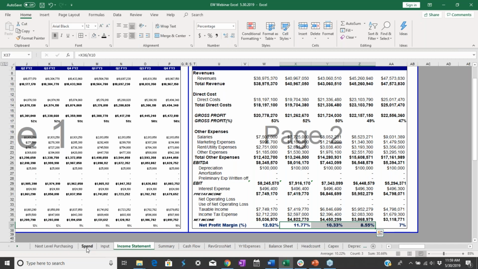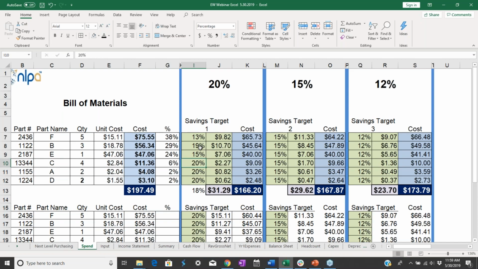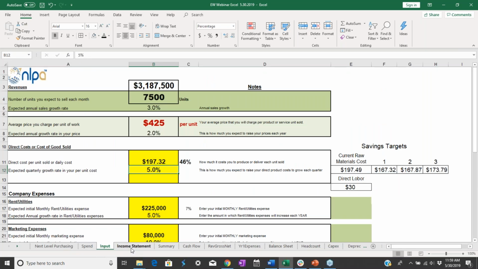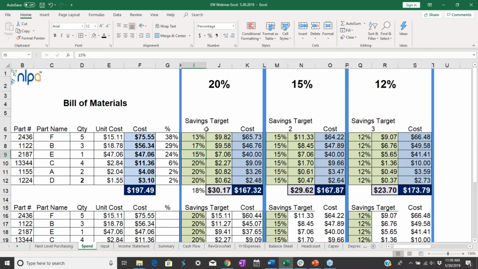Let's bring this down to 17 and see how that affects. Let's bring this up to 18%. Let's set it this way.